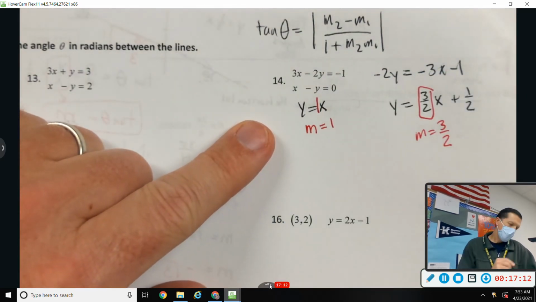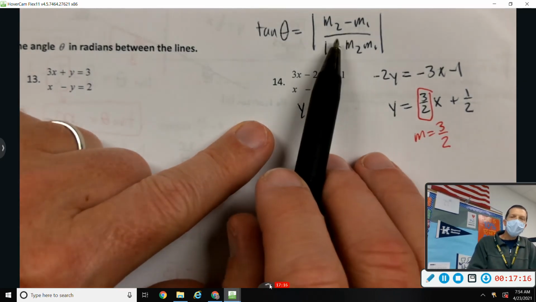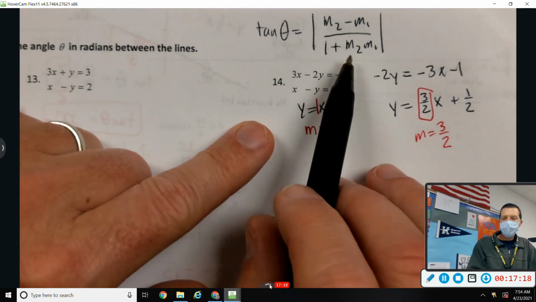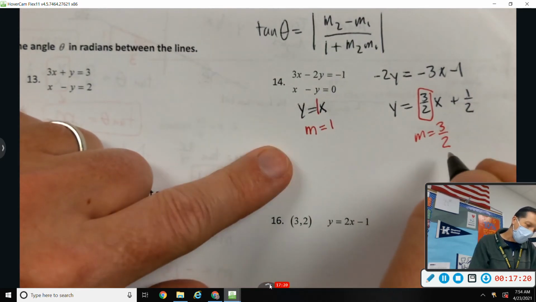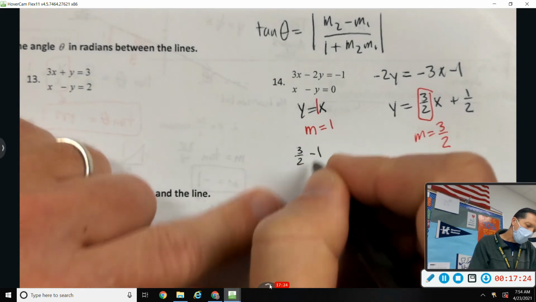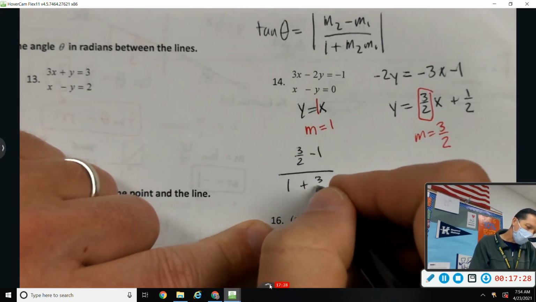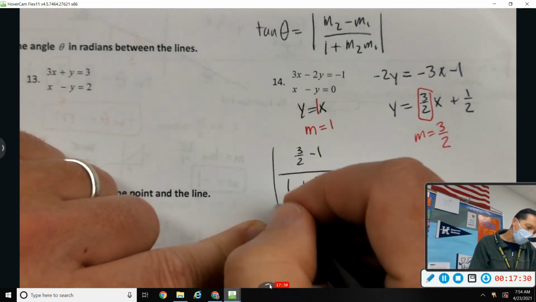Now this whole thing is in absolute value, so that really means it doesn't matter which one we subtract. So I think I'll just put the 3/2 first. In fact, it might be best to just put it in the calculator, because I want to do inverse tangent of all that.